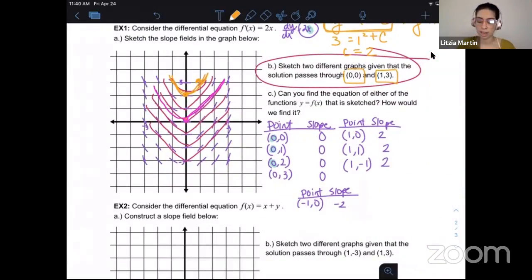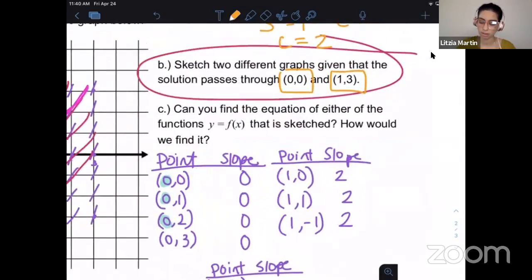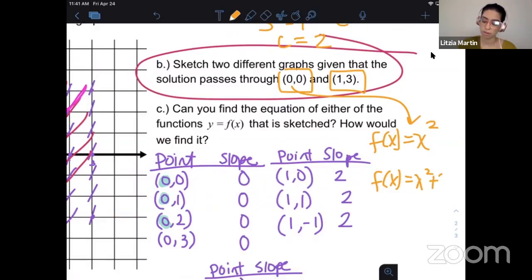So in this case, we found the equation, f of x is equal to x squared for 0, 0, and f of x is equal to x squared plus 2 from 1, 3.